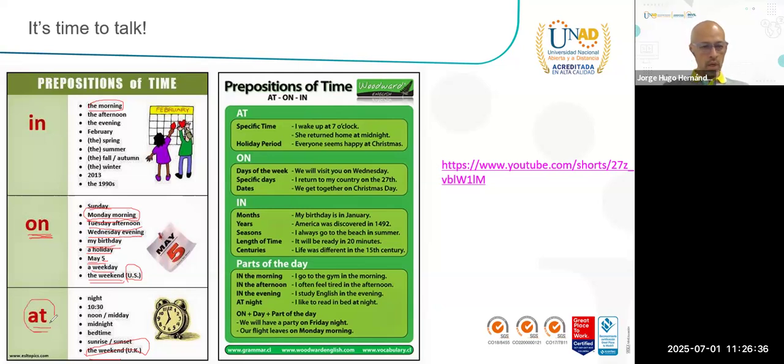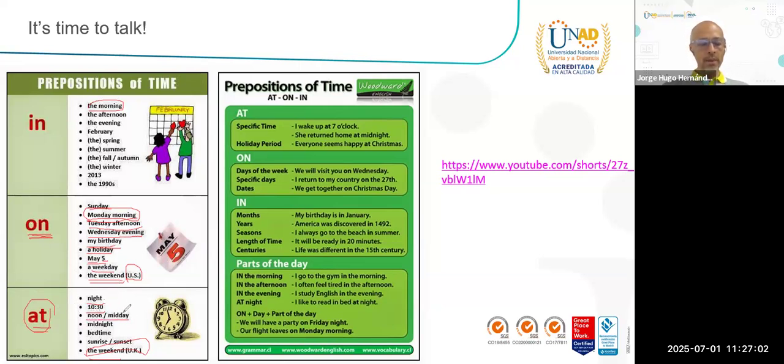And finally, we use at in order to say at night, for time, to say the time in English. Remember, you always use at in order to say the time. At 10:30, at 11 o'clock, at 9 o'clock, at 9:05.